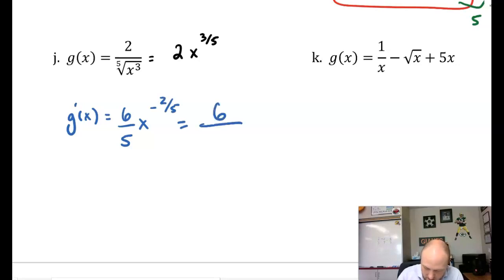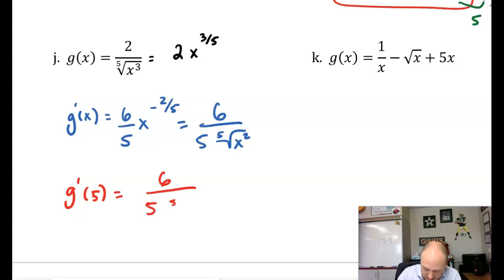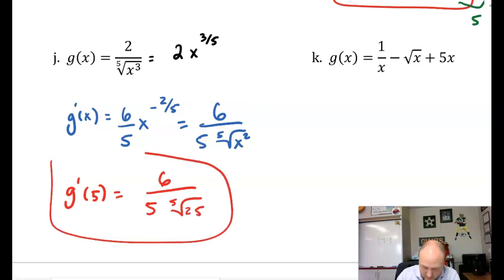So I'll clean this up. I'll move that x to the power of -2/5 into the denominator. That's the 5th root of x squared. So there's G prime. And then G prime of 5. So now I'm computing 6 over 5 times the 5th root of 25. There you go.